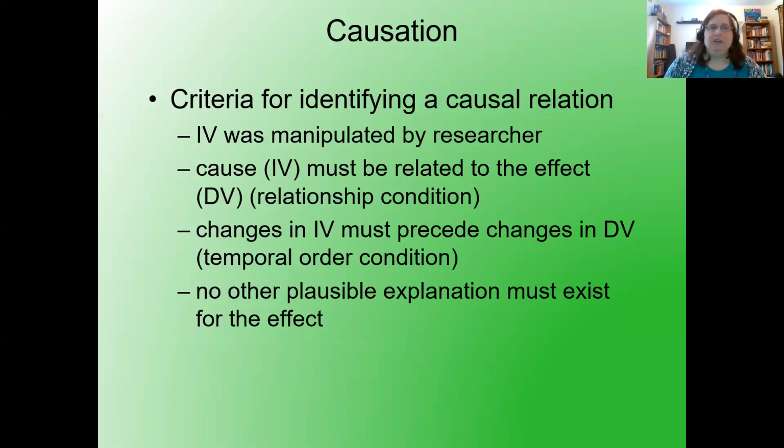Okay, so let's go back to our garlic example. We talked about how the IV was manipulated, right? Because I randomly chose half my people to be in the garlic group, half my people to be in the non-garlic group. Let's say at the end of my study, statistical analyses showed me that my garlic group had a significant decrease in blood pressure compared to my non-garlic group.